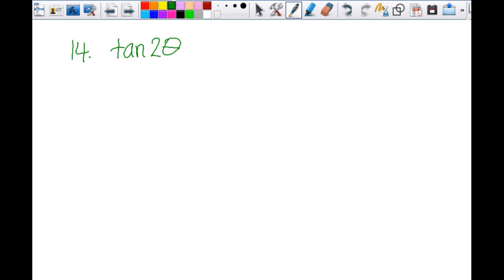It gave me that sine theta is 1/3, and it says it's in quadrant 1. So here's my triangle. Sine is opposite over hypotenuse.